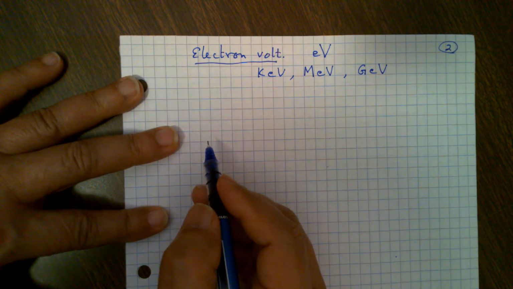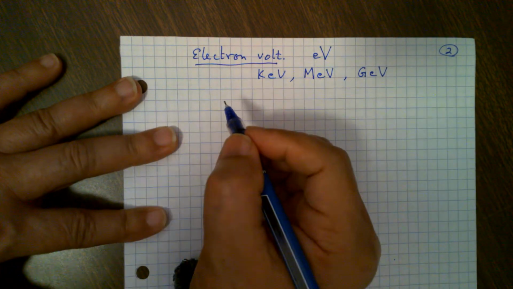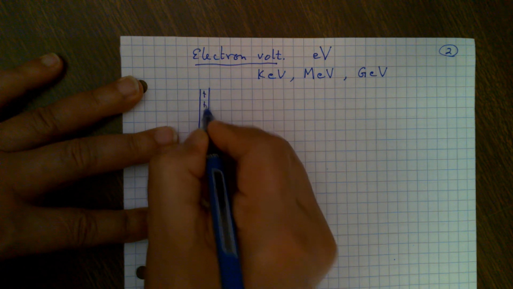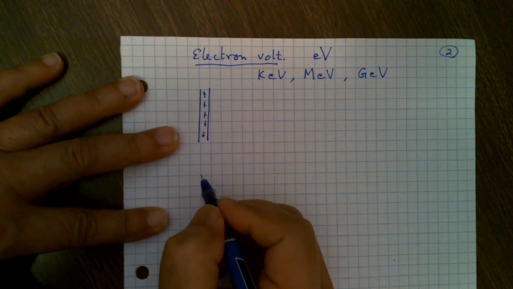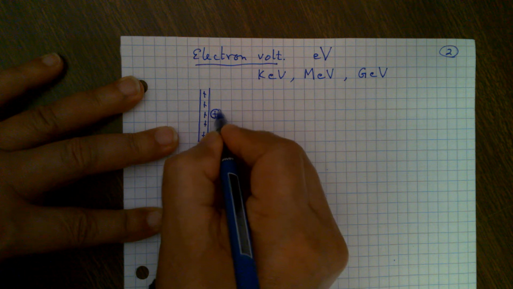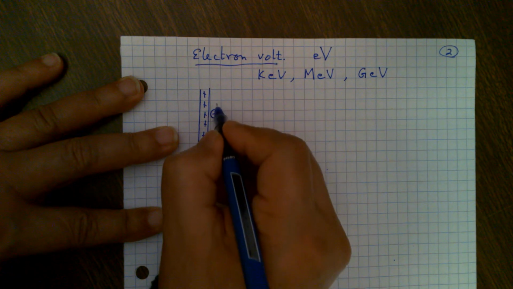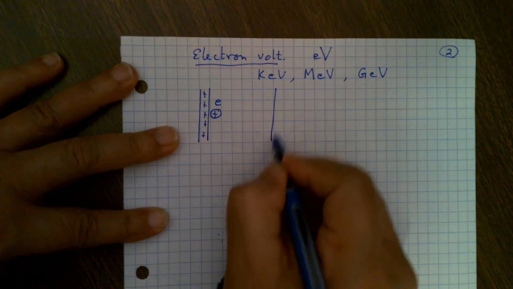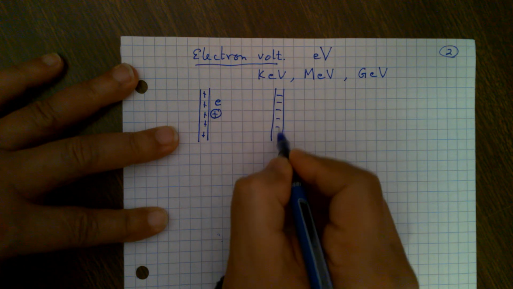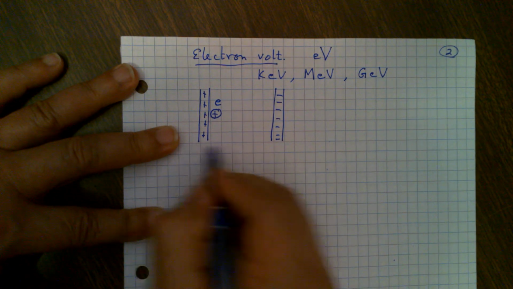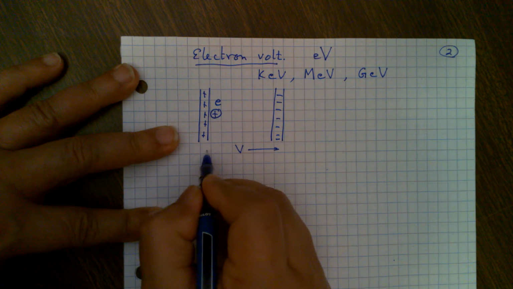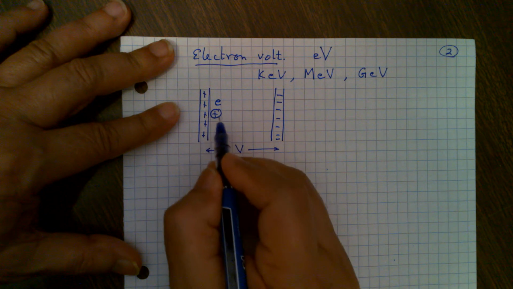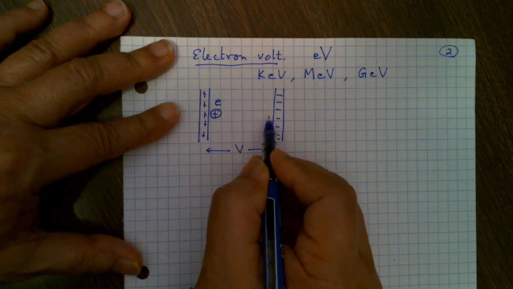So electron volt is defined like this. Let's suppose I have a positive plate here, and I have, let's say, 1 unit charge, equal to the electronic charge, a positive charge, and then you have a negative plate with negative charges, and the potential difference between these two plates is V. Now if I let this charge go, then it'll move towards the negative plate, right?